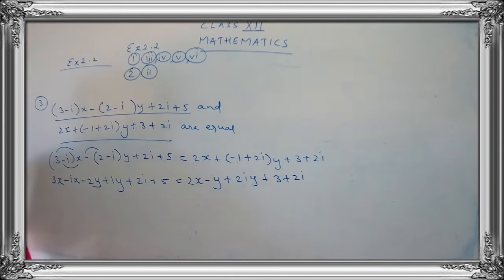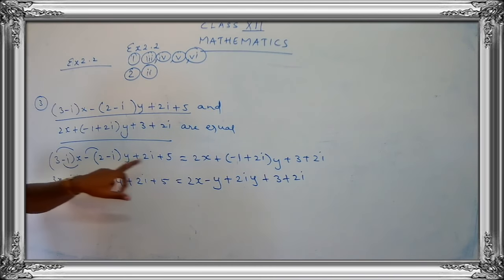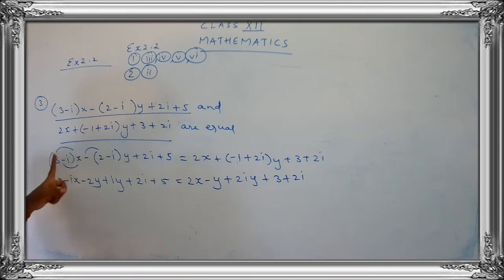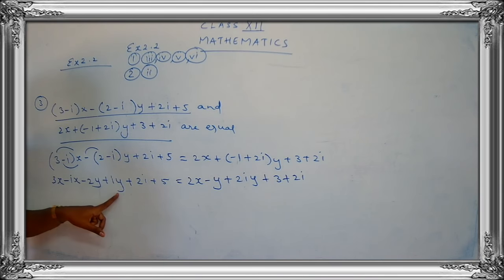I'll repeat the step for you once again. Two complex numbers were given to you and they have said that both the complex numbers are equal. So I have just written both the complex numbers and I have inserted an equal to sign. Now we are going to open the bracket. So 3 into x, 3x, minus i into x, minus ix, minus 2 into y, minus 2y, minus minus i into y, plus iy.